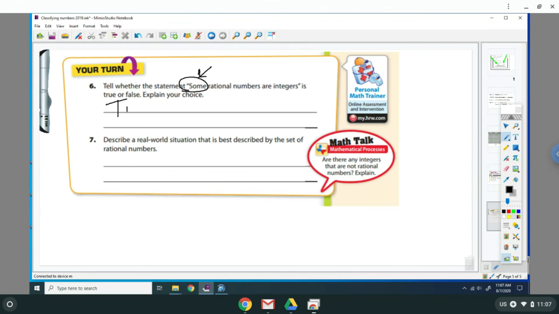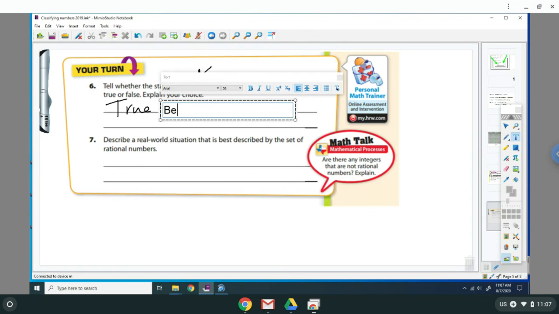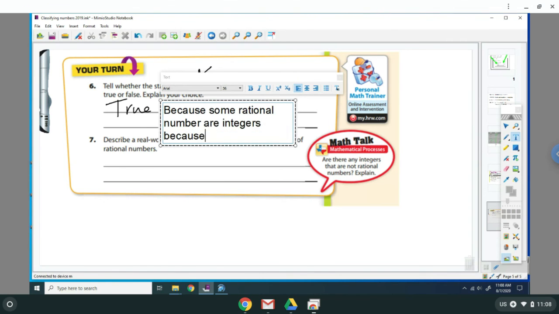So this is true, and I'll type out the reason.